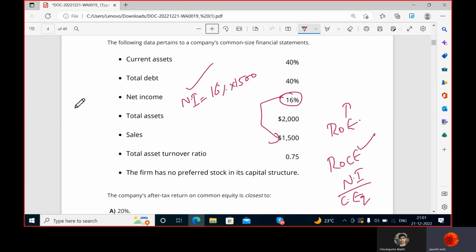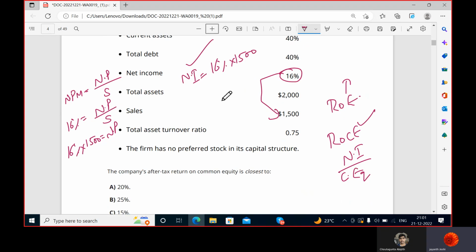Because net profit margin is equal to net profit by sales. Am I right or wrong? Yes. So now for you, net profit margin is given as 16%. Okay, but net profit is not given. Sales is given to you. So 16% into sales of 1500 will give you net profit. Yes, fine. Find out, and then common equity.